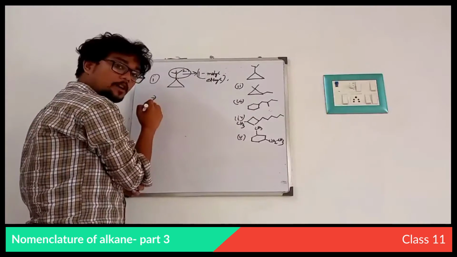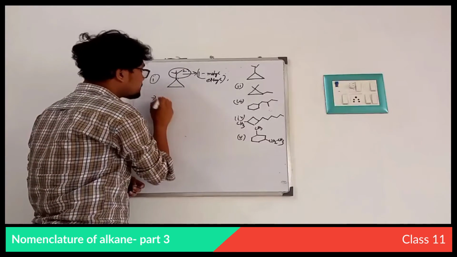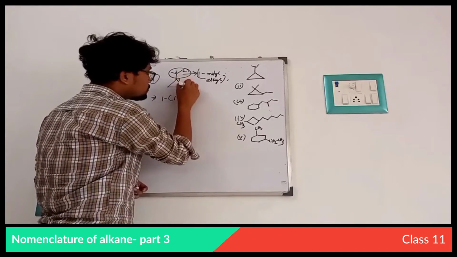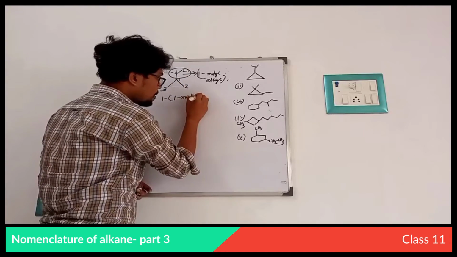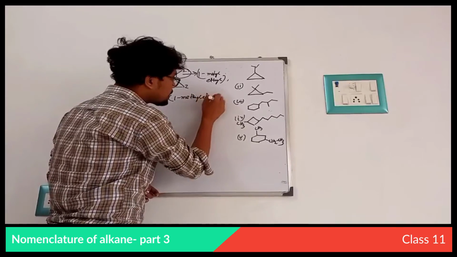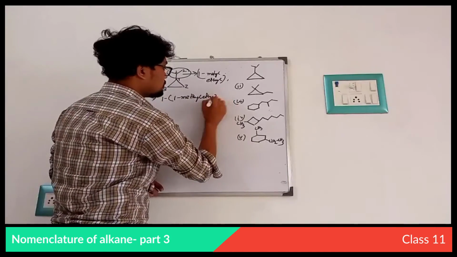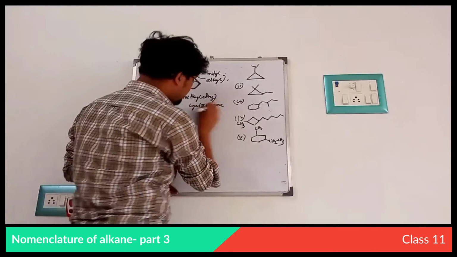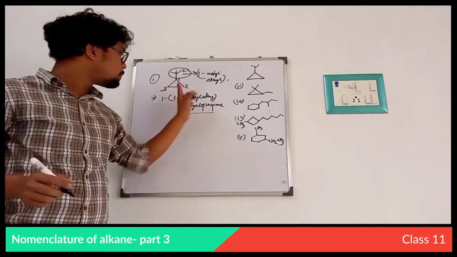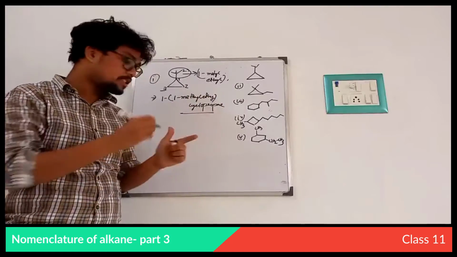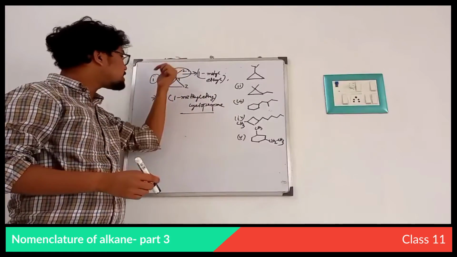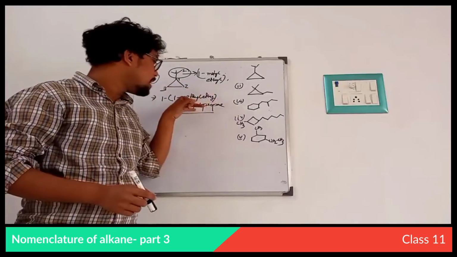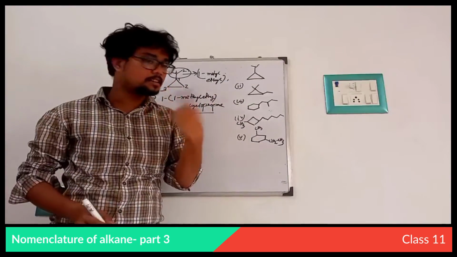So what is our IUPAC nomenclature? 1-(1-methylethyl)cyclopropane. Fine. That is 1-methylethyl, then it is our cyclopropane, and this group is attached with carbon 1. That is why it is (1-methylethyl)cyclopropane. It is very easy. Now the next problem.